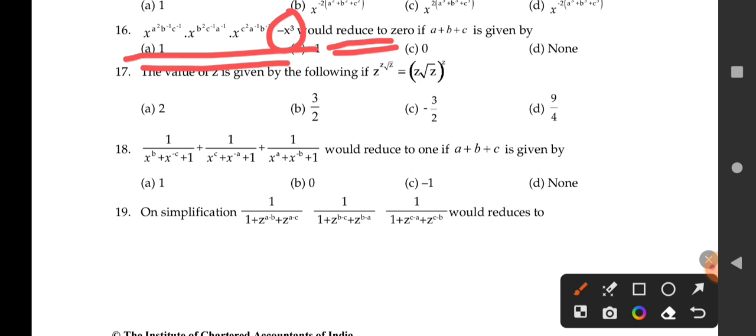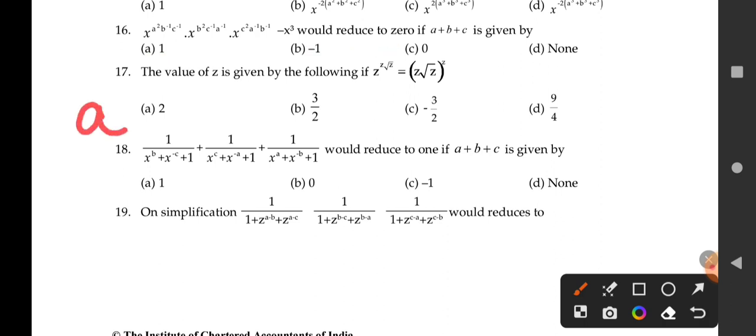The expanded form is on the right side x cube. So everything is in the same base, so the indices are equal. I am directly writing the equality of the indices. I hope you understood it. You are able to follow. So what do we have?